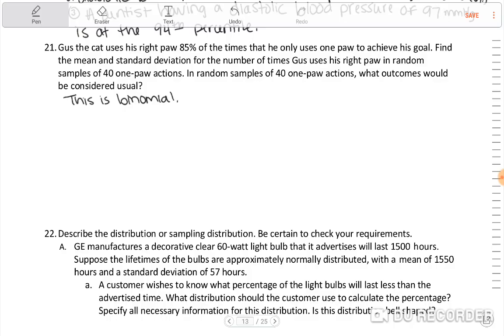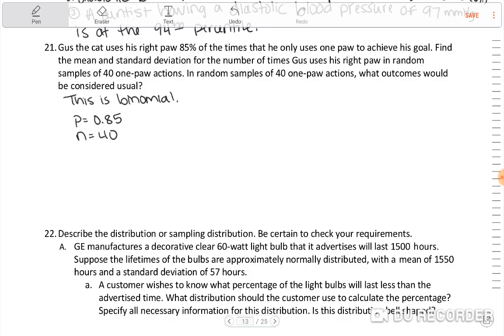Okay, so since this is binomial, what are our variables here? Well, we have the probability of success, our P, is going to be 0.85 because success is using the right paw. And our N is 40. This is the number of samples we're looking at here.